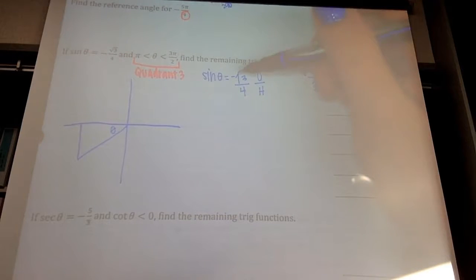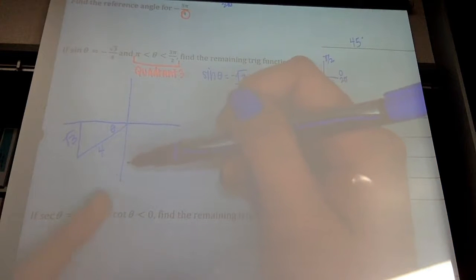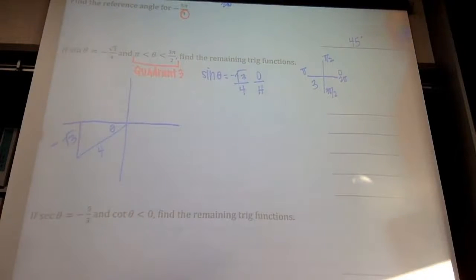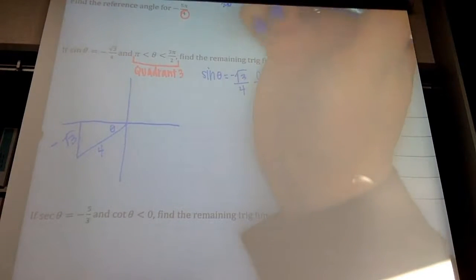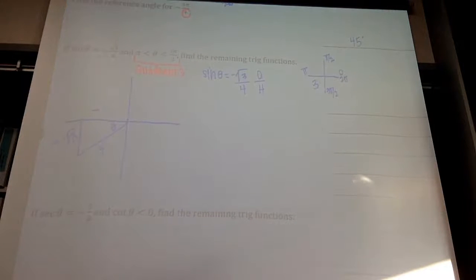So it's giving us our opposite is rad 3, and our hypotenuse is 4. Now remember, it's negative, so what's negative here? Well, the hypotenuse is always positive, and this is going down, so it's a negative y, so it's a negative rad 3. And then once we get this side, it's a negative x value, so same thing, this is going to be negative, whatever we get there.